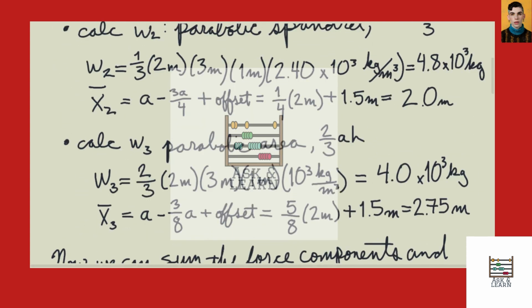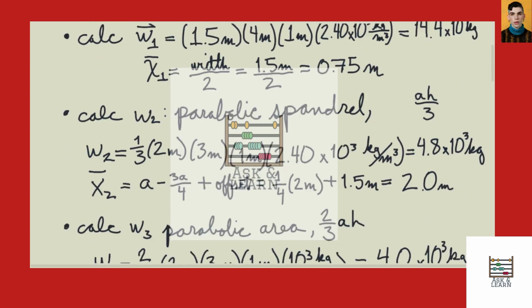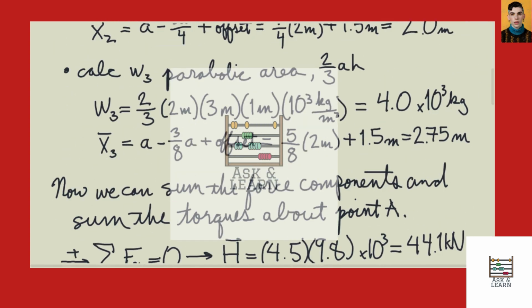Finally, we need to calculate the weight and centroid of our parabolic shaped section of water, from point A, that spans from the edge of the rectangular boundary to point B. For parabolic area, our weight can be calculated as 2/3 the horizontal span times the height. Plugging those numbers in, we're left with 4.0 times 10 to the third kilograms.